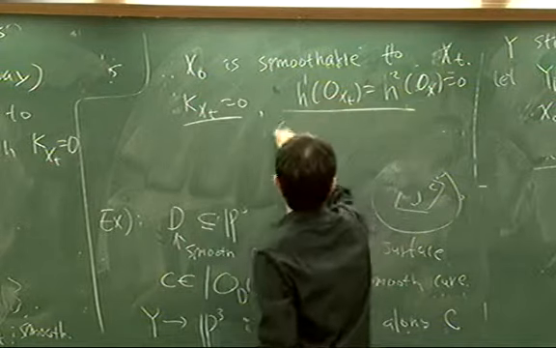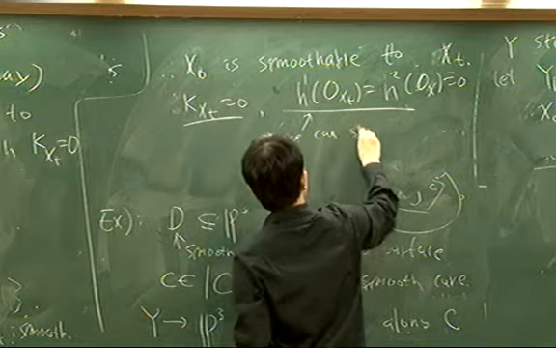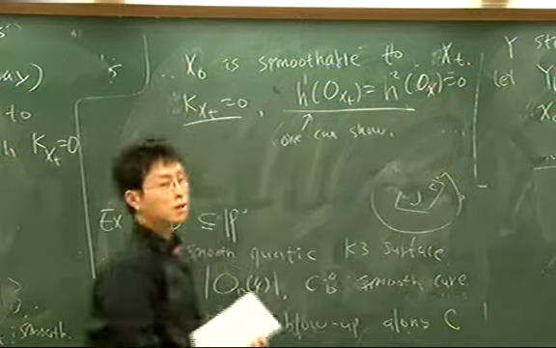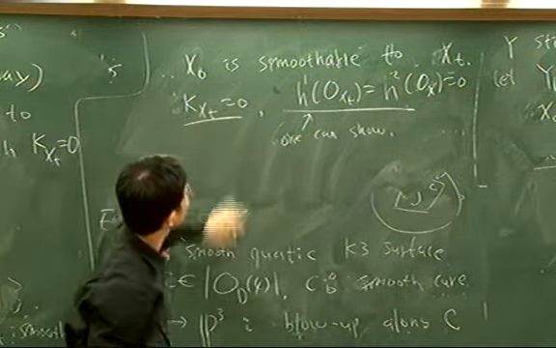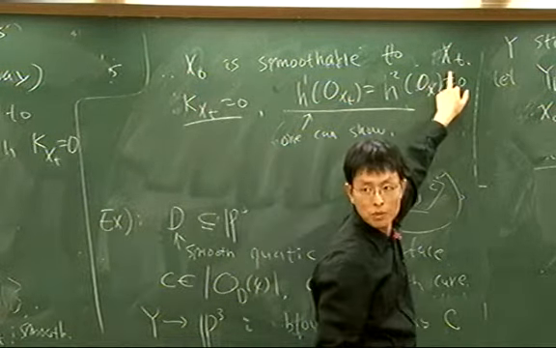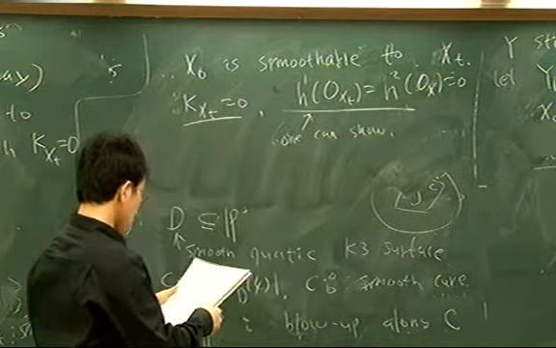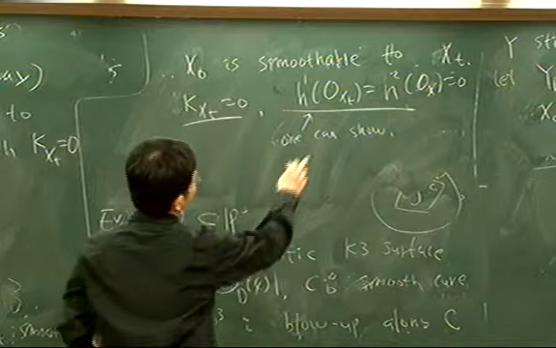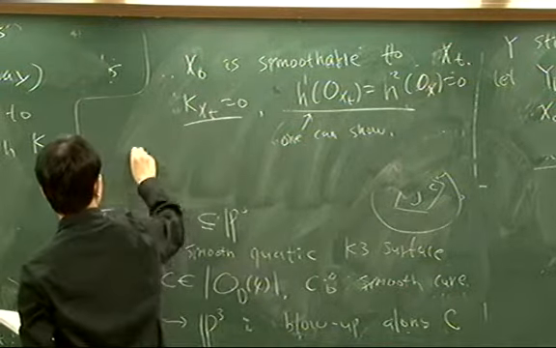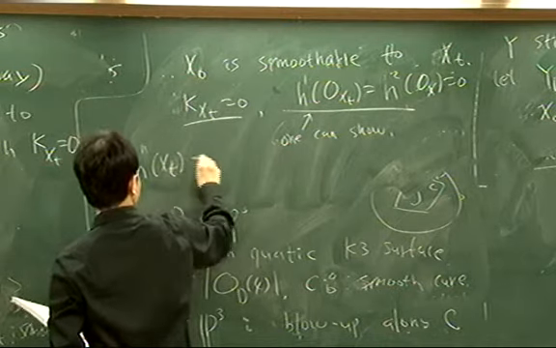So you can show that. With these two conditions, this Xt is a smooth Calabi-Yau threefold. Then you can calculate the Hodge numbers. h11 of Xt is 2.